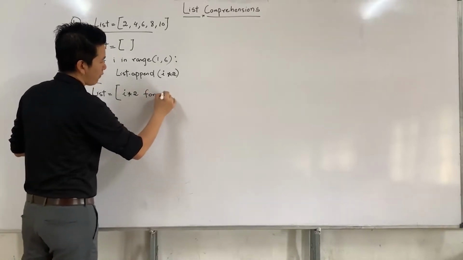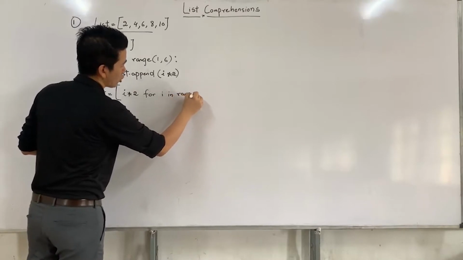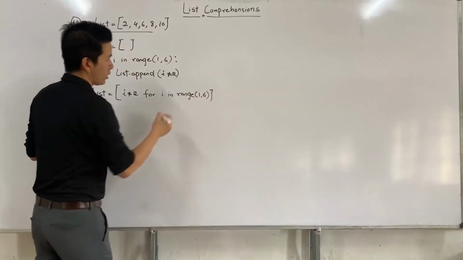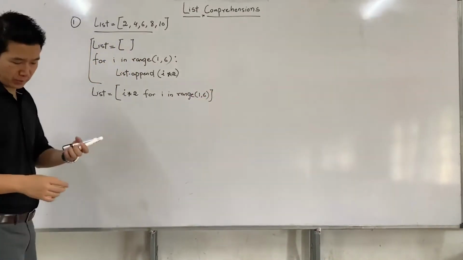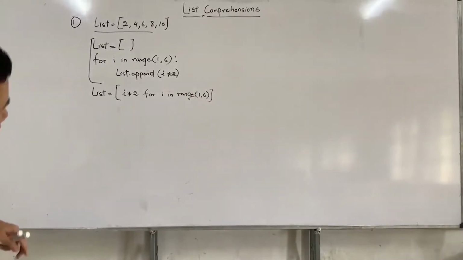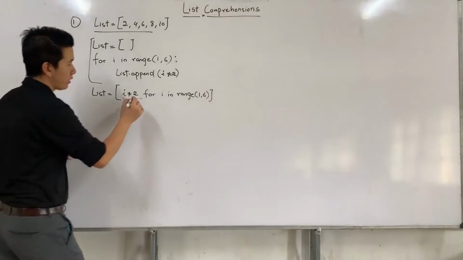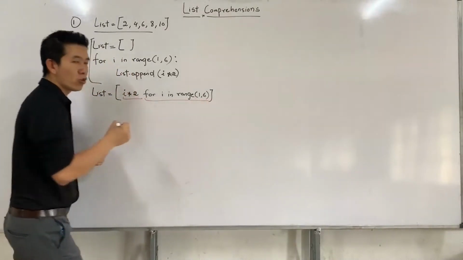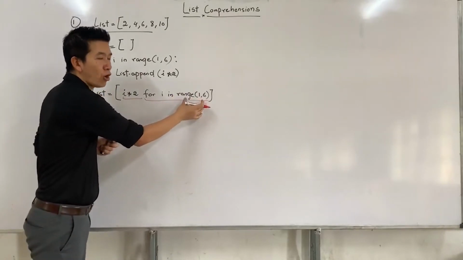for loop, for i in range, and then you have 1 comma 6. Okay, and then you have the square bracket. So this is the expression for creating the list, and then this is the very loop which is iterable on a certain object.